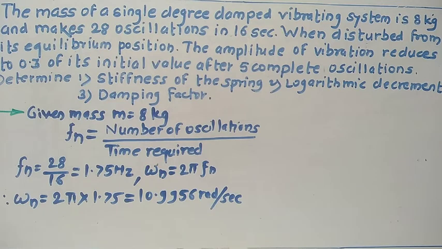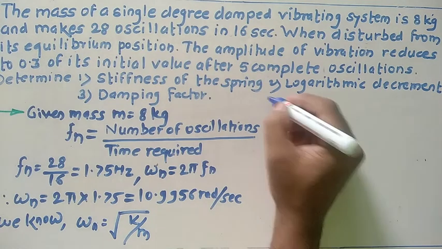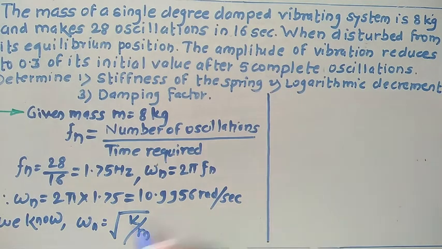Once the frequency is calculated, our next task is very easy: get the value for stiffness. We know omega n equals square root of k by m. This relation we already know.